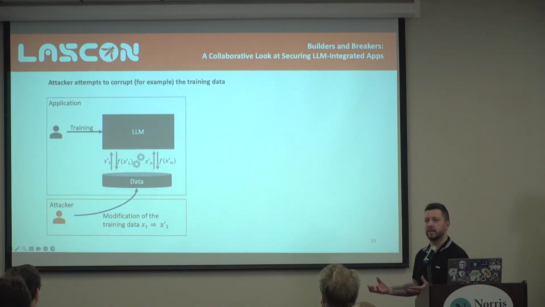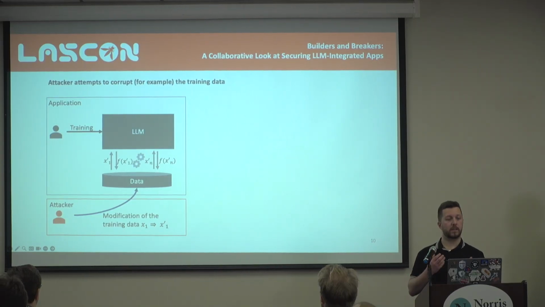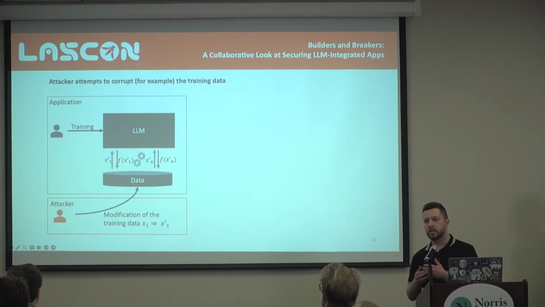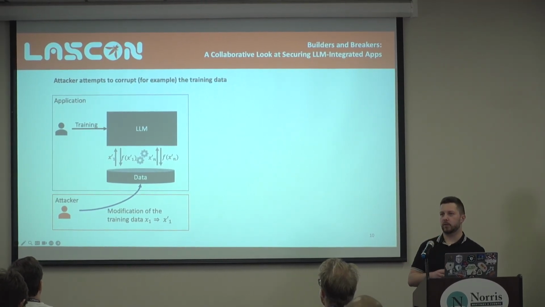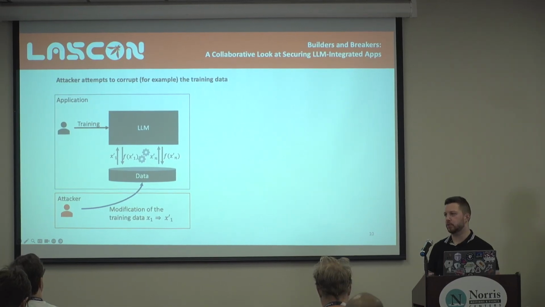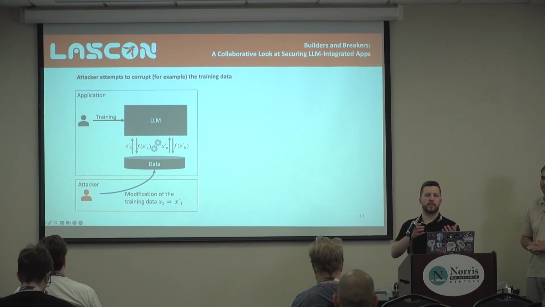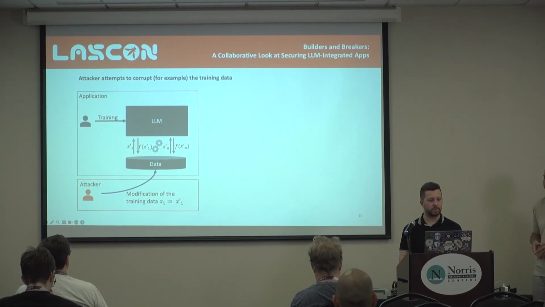Our second attack vector would be poisoning. An attacker attempts to corrupt, for example, the training data. We are working with other training data, of course. It could be what we are using for fine-tuning, or what we are using for the LLM itself. So it depends on who's training the LLM, or also SLM, small language model.